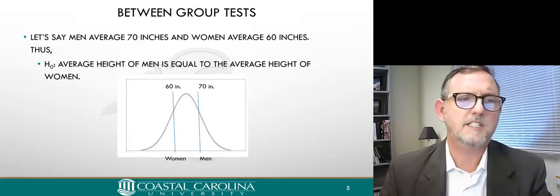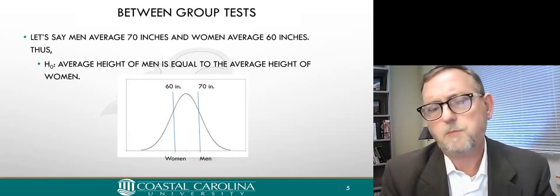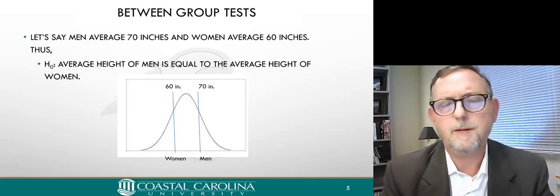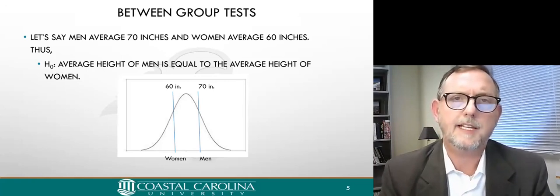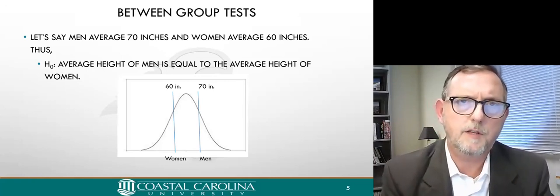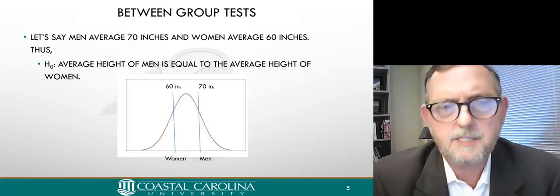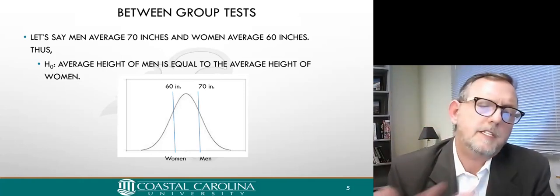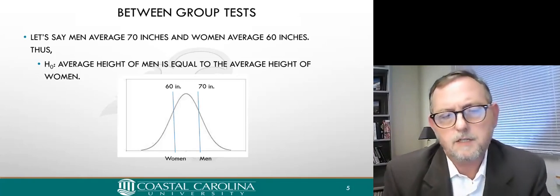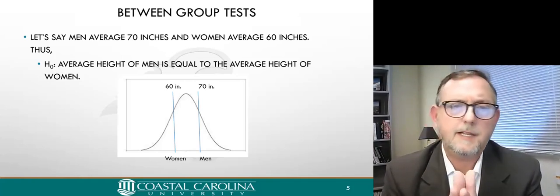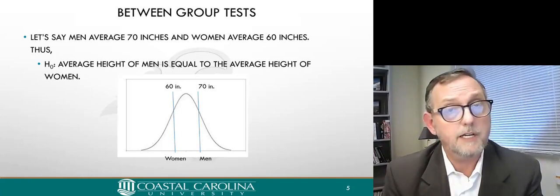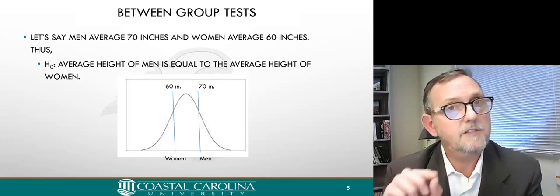So we take this idea and we split our data between men and women and look at the average height for the men and average height for the women. And we form a hypothesis. And so in this case, our hypothesis is going to be that they are equal in height. Not that they're different in height.